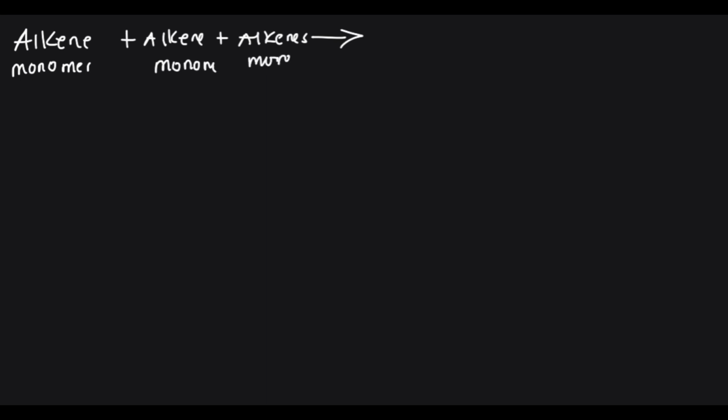Now, what is the name of the polymer that is going to be produced? Whenever you're trying to name the polymer, you begin by first writing the word poly. Then after writing the word poly, since the monomers are the same, you just take one monomer. So this will be polyalkene. Okay, so what do we mean?